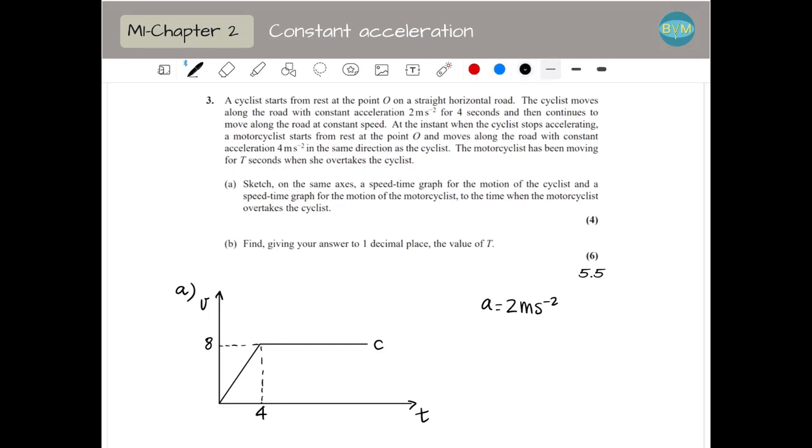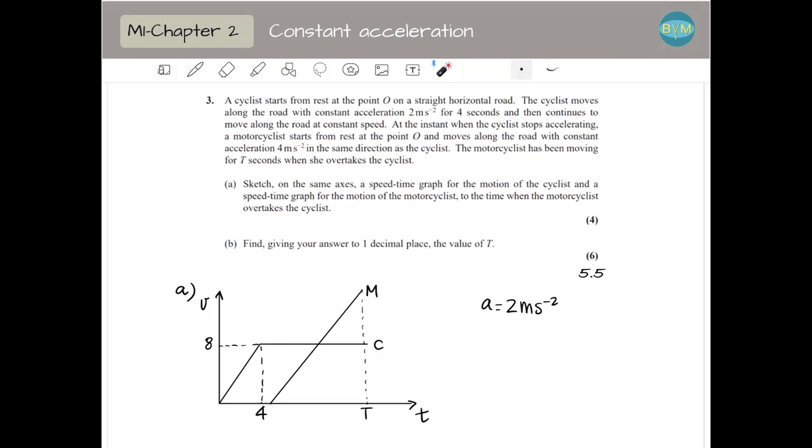So at one point, our motorcyclist accelerates from rest. I'm going to write an M for the motorcyclist, and they will catch up when time is t.